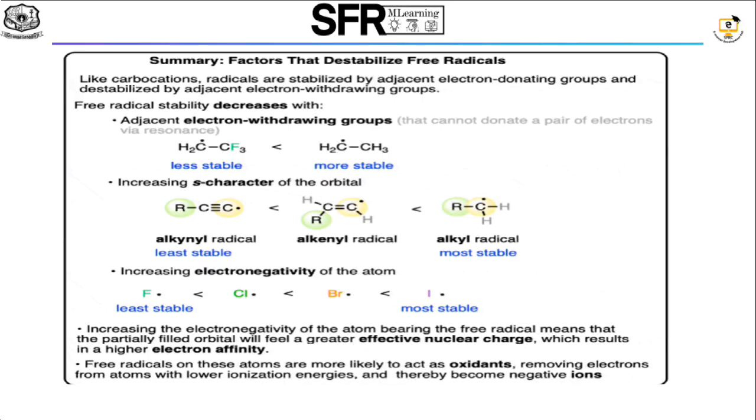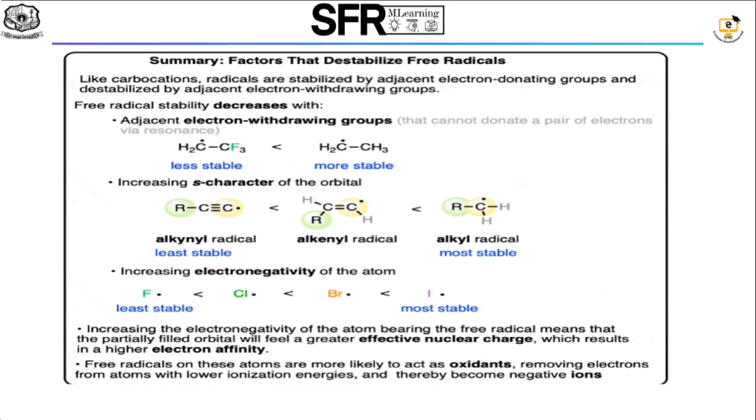An electronegative group attached to a carbon containing an odd electron, that is the free radical, has a tendency to withdraw electrons from the free radical, so it is less stable, whereas an electron donating group attached to the free radical reduces the electron deficit and gives more stability.